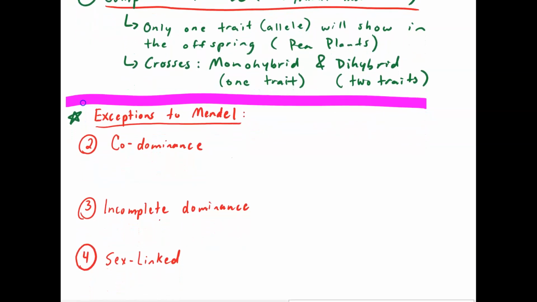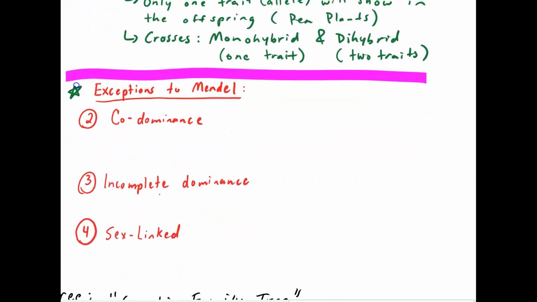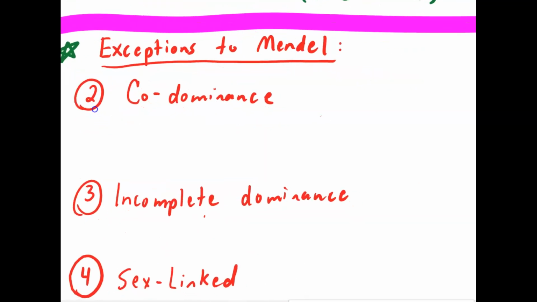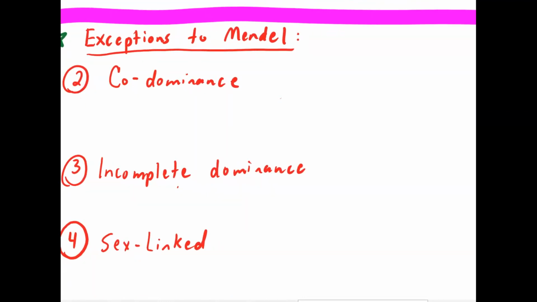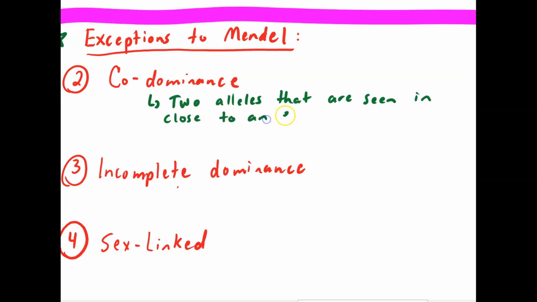Exceptions, right? In biology, there are always some exceptions to things. So we're going to take a look at exceptions to Mendel. For the first one, we're going to have codominance. This is an example where we're going to see both traits show through. There are going to be two alleles that are seen in close to an equal amount in the offspring.